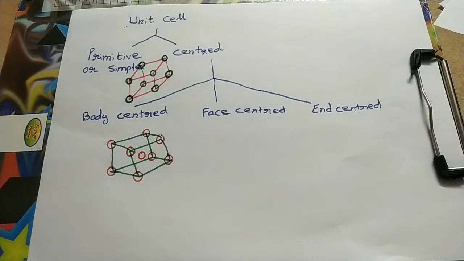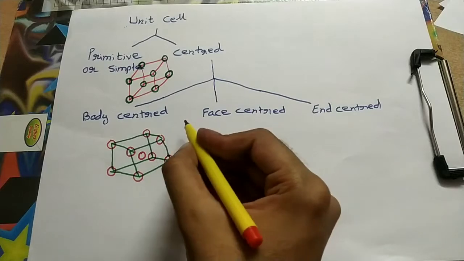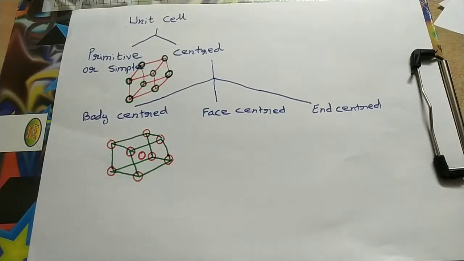One constituent particle is present at the body center. I hope you know what the body center of a cube is. It's the point where the diagonals of a cube intersect. This is the body center.